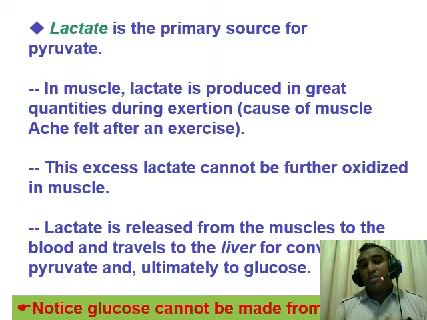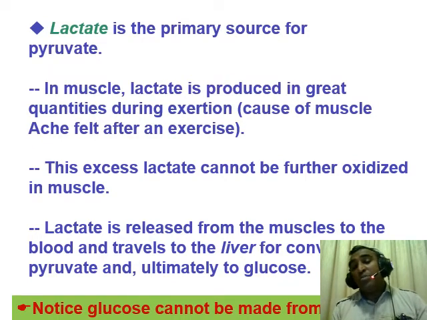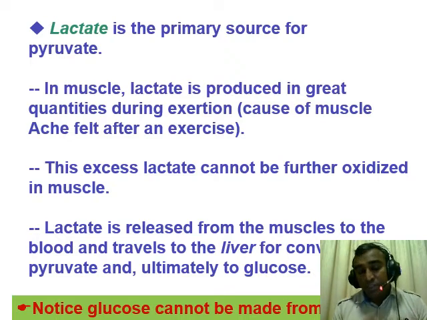It cannot be done. So lactate has to come out into the bloodstream, go to the liver, and then it can be made into glucose and then brought back to muscle and further oxidized in the muscle. So that is the only way. You cannot use the lactic acid directly.